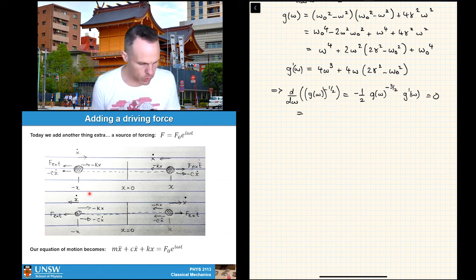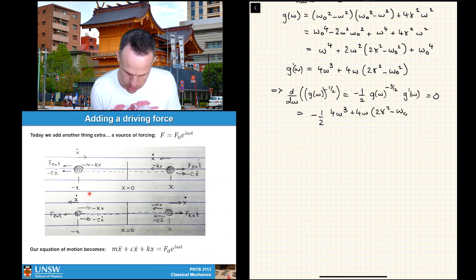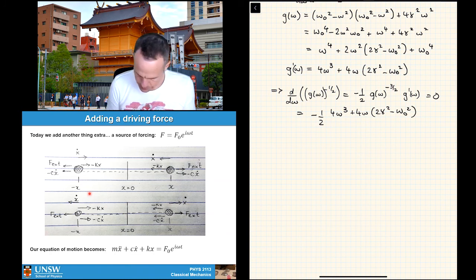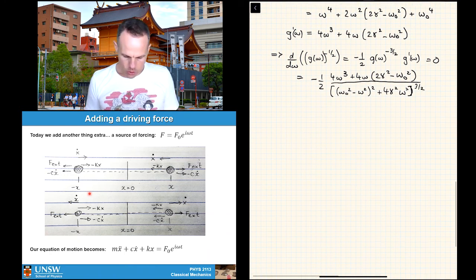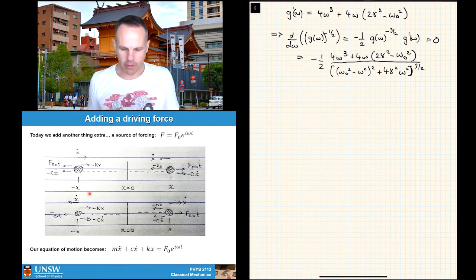So this thing is equal to minus a half times (4 omega cubed plus 4 omega times (2 gamma squared minus omega naught squared)), divided by basically our big fat term here, (omega naught squared minus omega squared plus 4 gamma squared omega squared) to the power of 3/2.